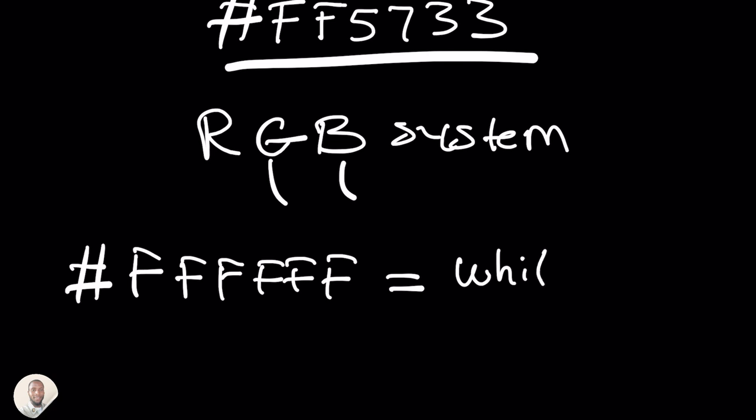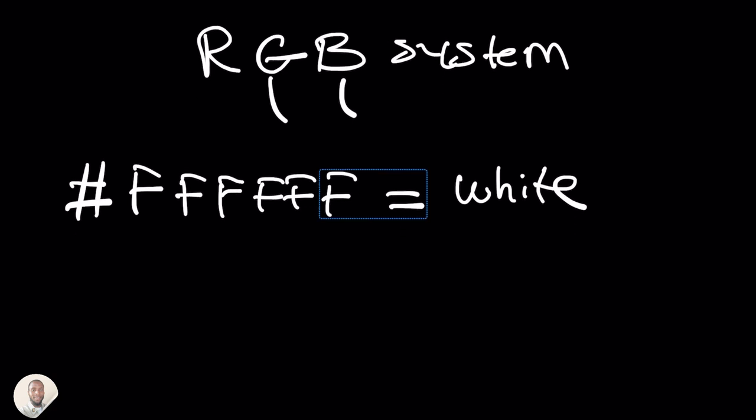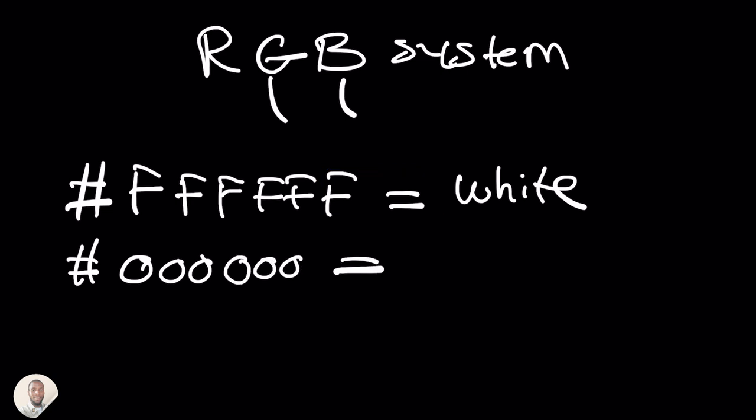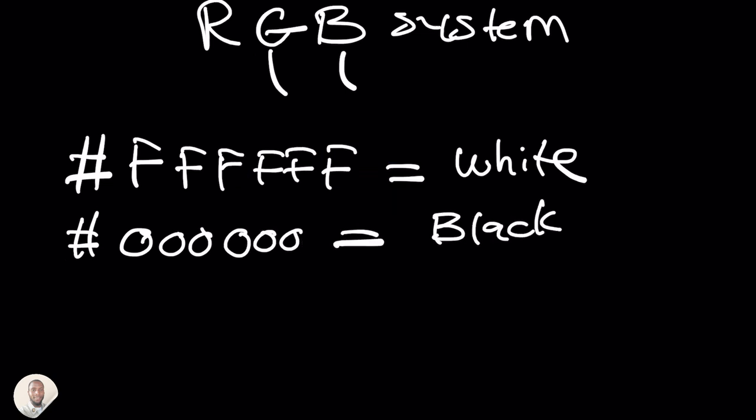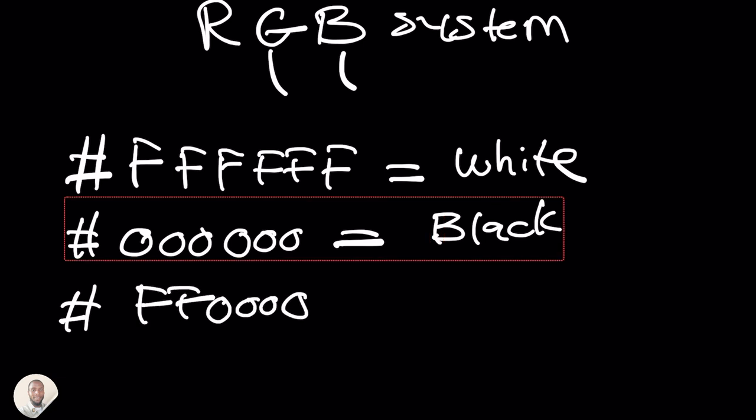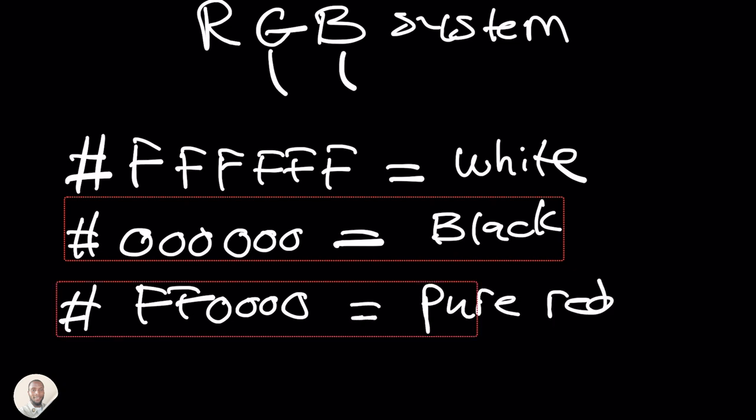White, right? Next, #000000 represents what? Black. Next, #FF0000, that should be 6 digits, represents what? Pure red. So computers use hexadecimal to store and display colors efficiently.